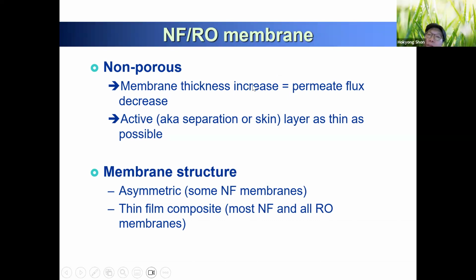As the membrane thickness increases, the permeate flux decreases, so the active layer should be as thin as possible. If your membrane is very, very thin, you can have a higher water flux. And the membrane structure is asymmetric, like thin film composite and nanofiltration membranes.